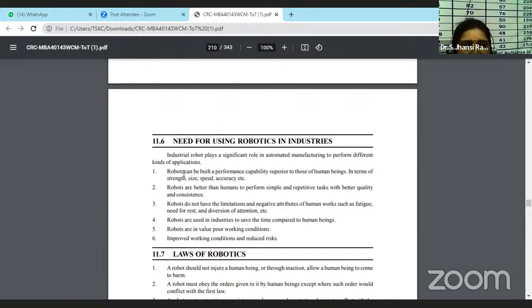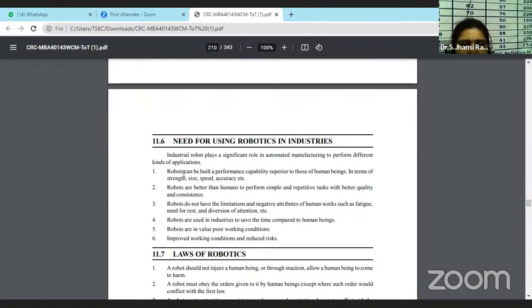And robots don't have the limitations, like the negative attributes of human workers and fatigue, meaning being tired or needing rest. Human beings need all those things, whereas robots don't require anything. They neither think about how humans are working, what their reactions are, what the feedback or response is, or how they are reacting to the work being done. It never cares because it does not have any EI, that is, emotional intelligence.